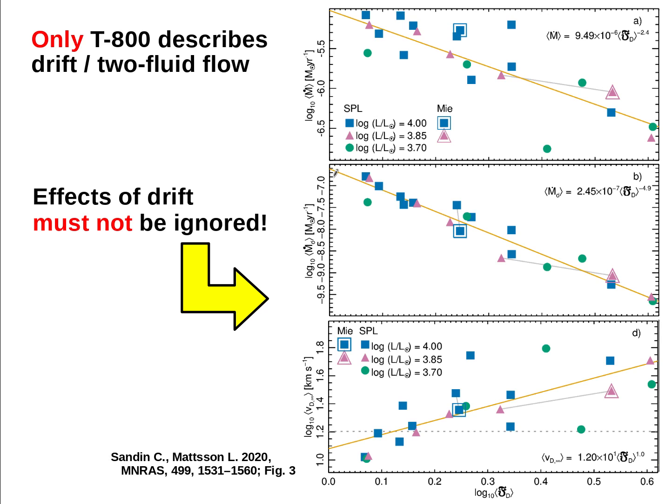On the left-hand side, they're equal, and on the right-hand side, the dust velocity is greater than the gas velocity. And this gold-colored line here is a fit, and the fit is an exponential to the -5th power. And if that is not a strong dependence on drift, then, well, what is?